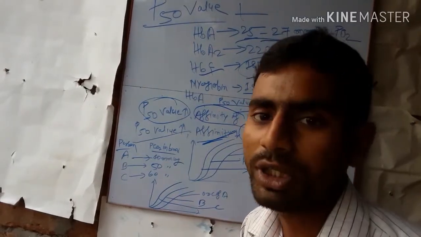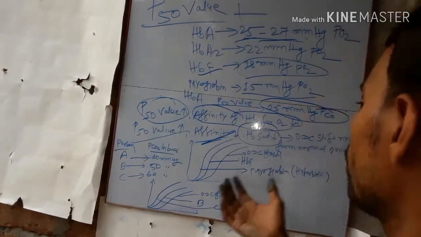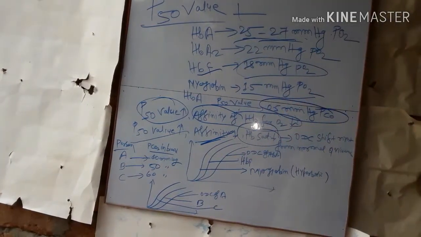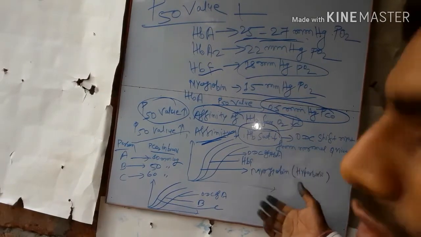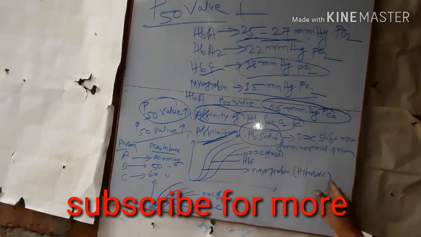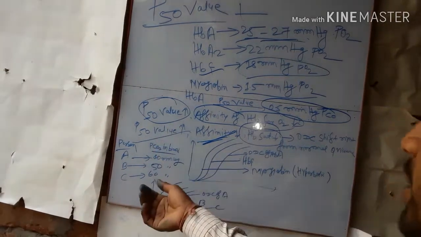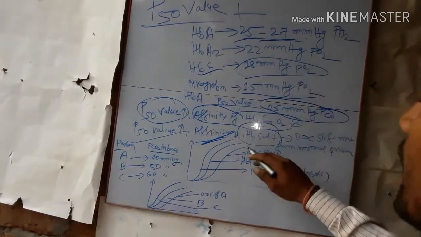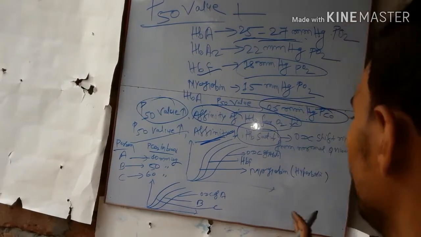This is the hemoglobin saturation. When the affinity of hemoglobin for O2 decreases, then hemoglobin saturation also decreases, and the ODC, the oxygen hemoglobin dissociation curve, shifts right from normal, and vice versa. Vice versa means the P50 value decreases, meaning the affinity of hemoglobin for oxygen increases and hemoglobin saturation increases.